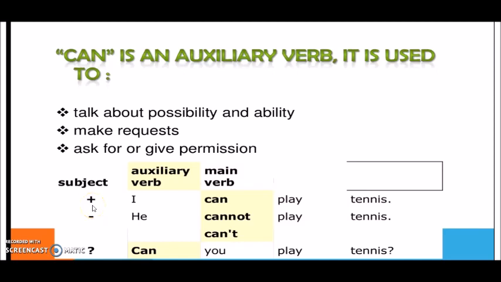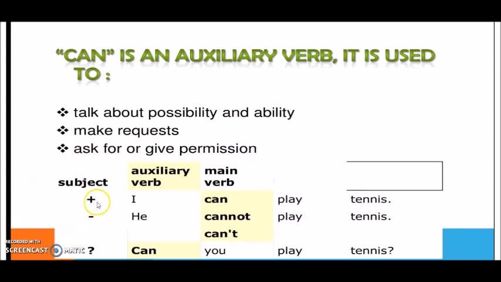So let's check the affirmative sentence. I'm sorry for this, this is wrong. I'm going to explain and you're going to write correctly, because this is not correct here. Okay, this moves. I'm sorry.